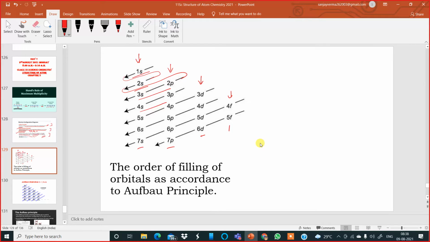Now I will write down the increasing order of energy of the orbitals. Have a look very carefully.